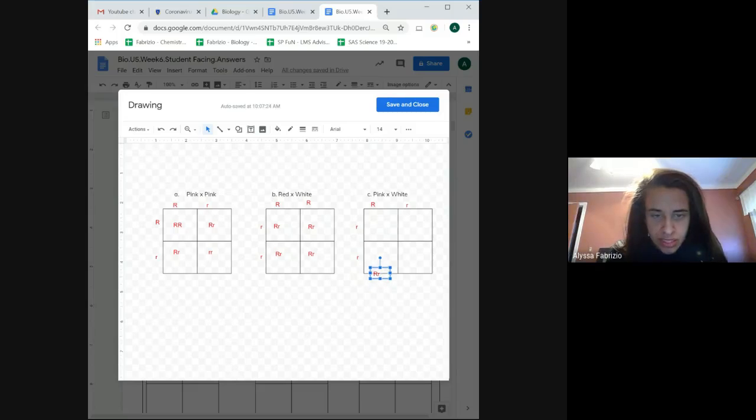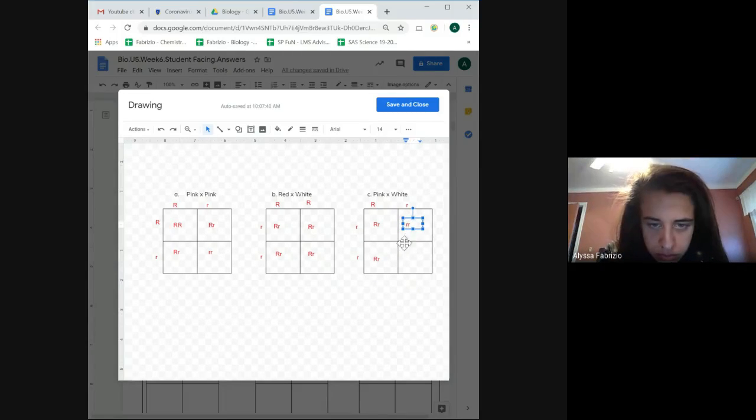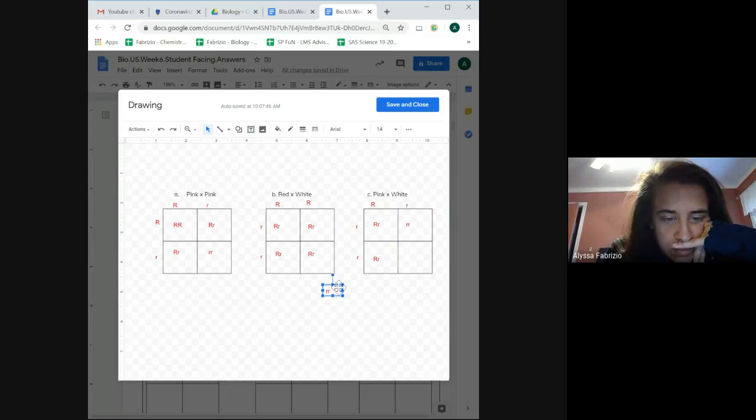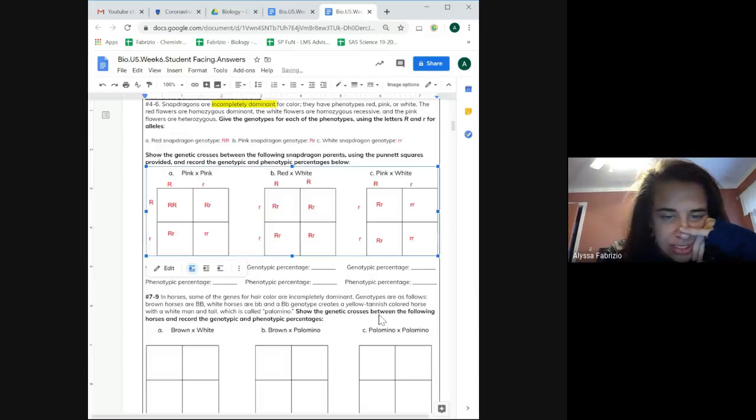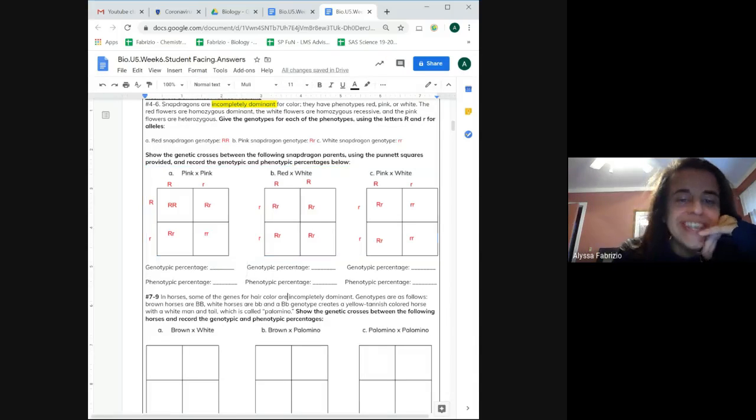Okay, and then we'll just do this last cross. So we got our Rr. This is so much work to do. There we go. Okay, 10,000 years later, that's finally done. Okay, very good.